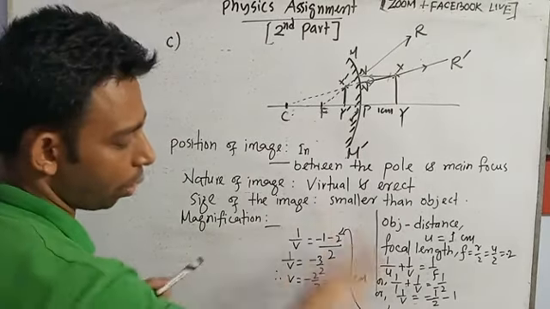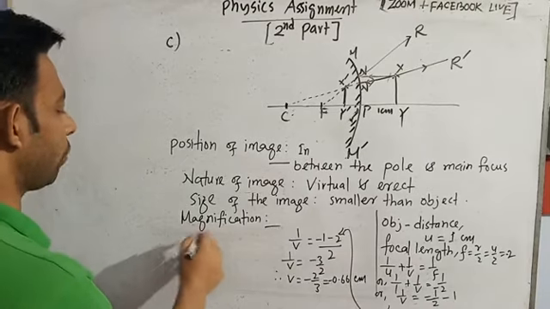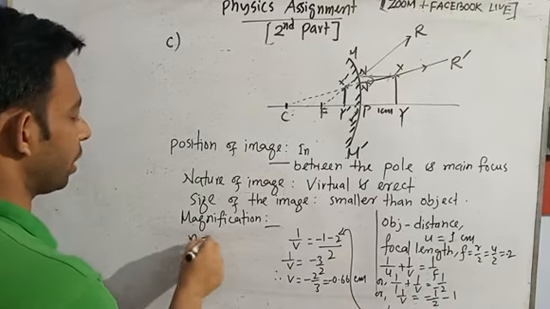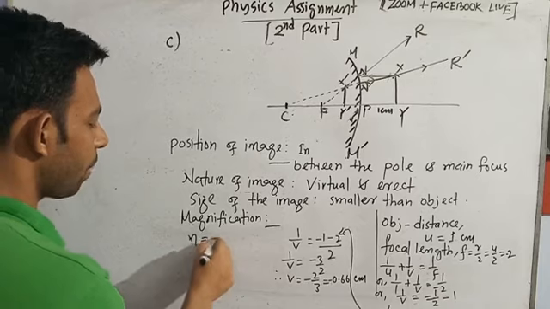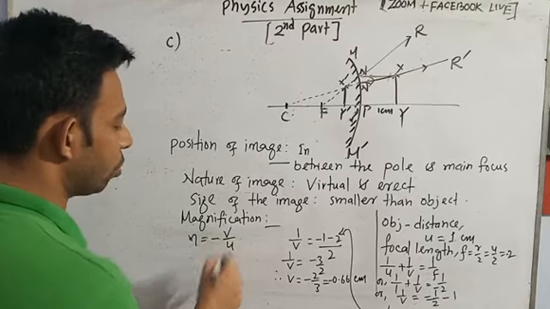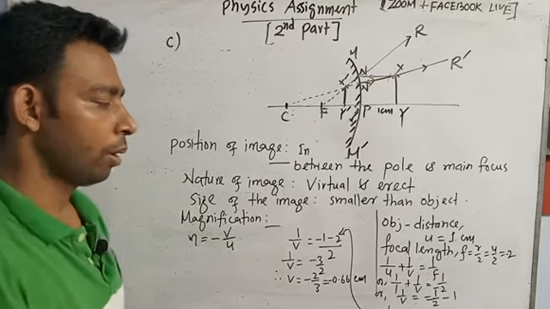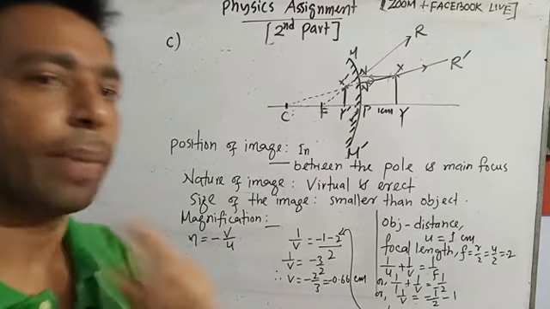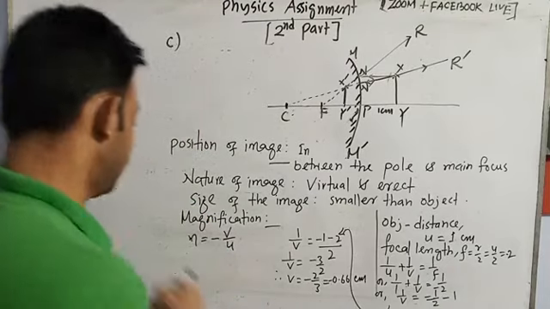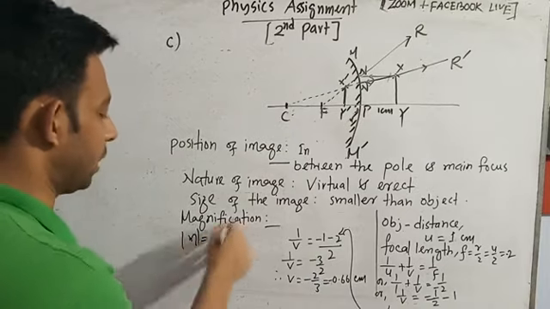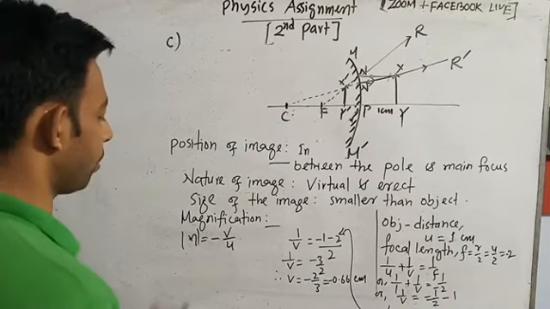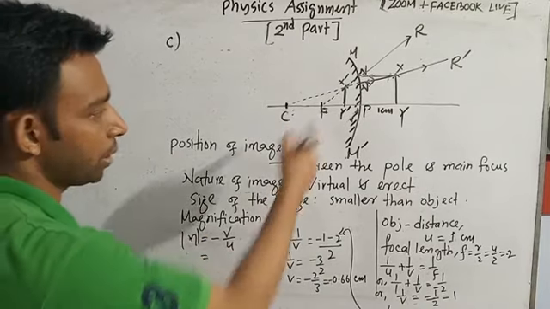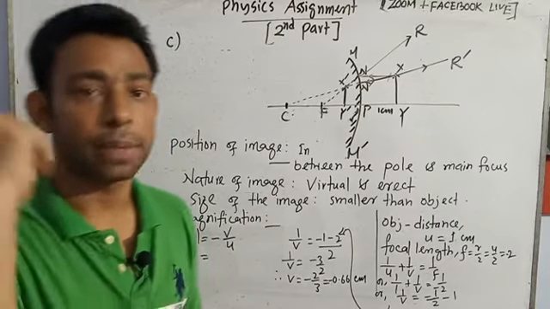You will write below one after one. The magnification formula: magnification equal to minus V by U. Sir, why minus V by U? Because it is a convex mirror.